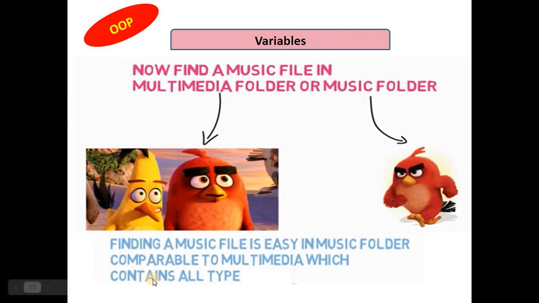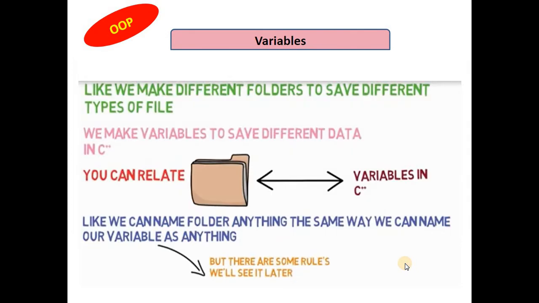Finding a music file is very easy in the music folder instead of finding it in multimedia. That is why we make use of variables. When we make variables, we can relate them to folders in C. Like we can name a folder anything, the same way we can name our variables anything.